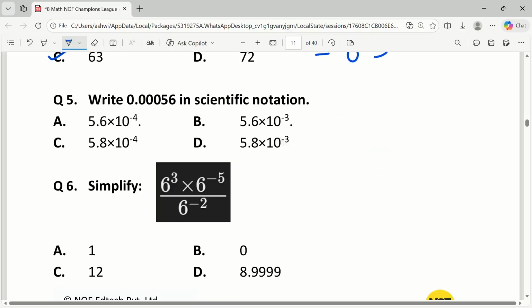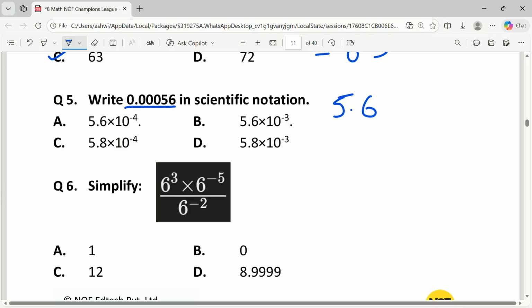Question number 5. Write 0.00056 in scientific notation. Now the number is 0.00056. The first non-zero digit is 5. Moving the decimal point 4 places to the right to get 5.6.